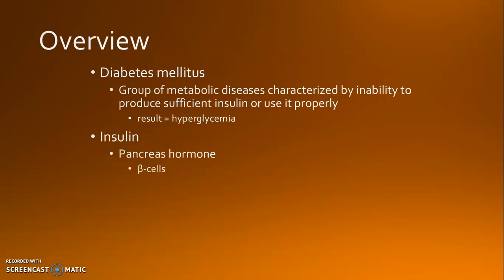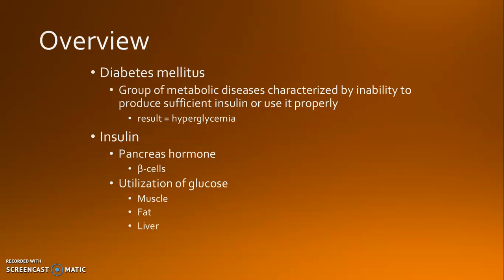Insulin is produced in the pancreas by beta cells, through a pancreas hormone, and these beta cells primarily produce insulin. It has utilization of glucose. It can also utilize glucose in muscle, fat, and liver.